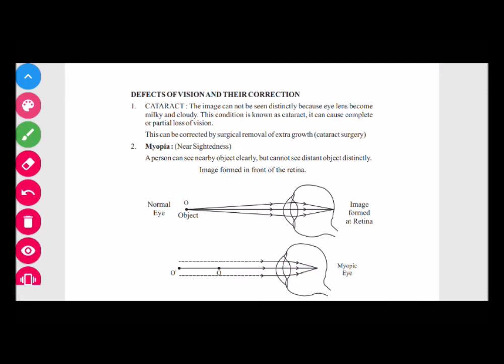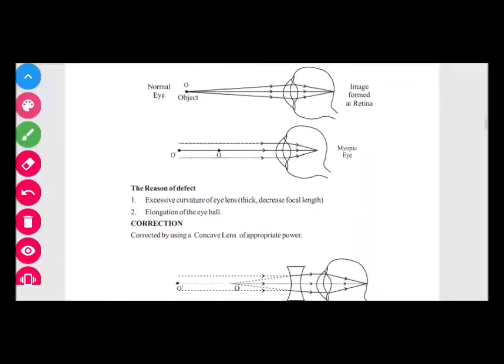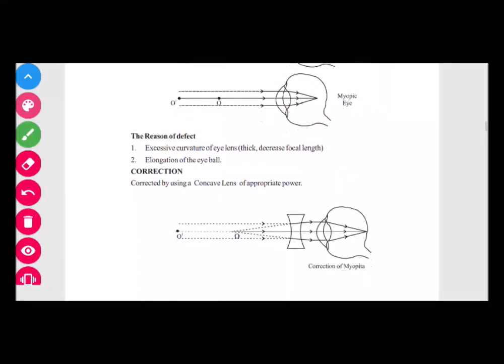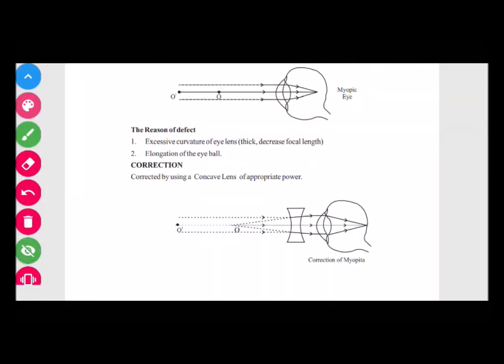So, how can we correct this defect? We can correct this defect by using a concave lens of appropriate focal length. What this concave lens will do is diverge the light rays a little and make the light rays converge at the retina so that we can see clearly. Get it? So one more time. What is short sight?